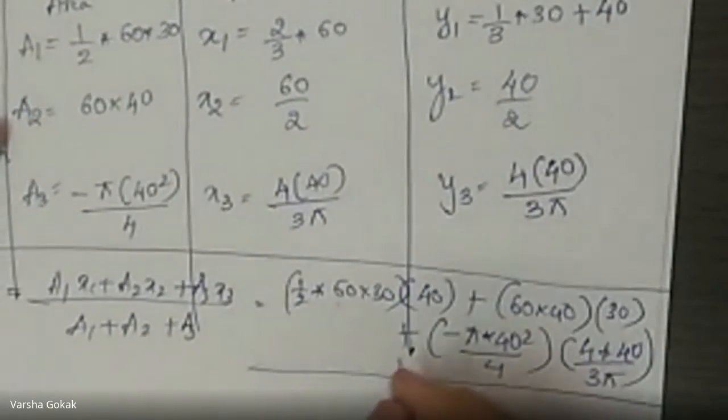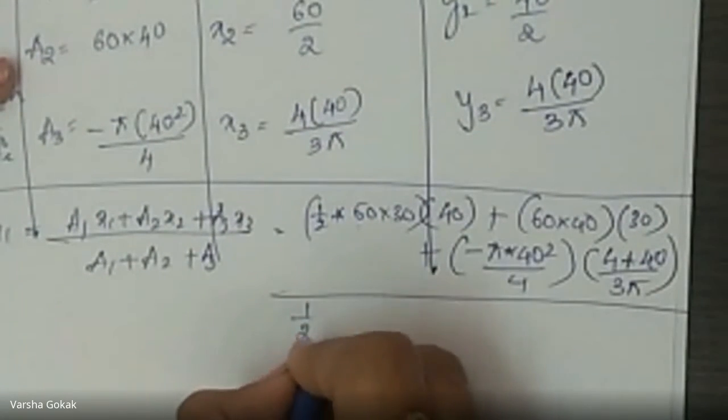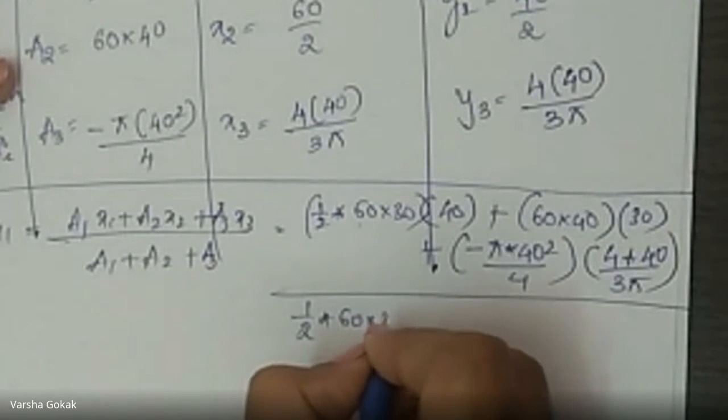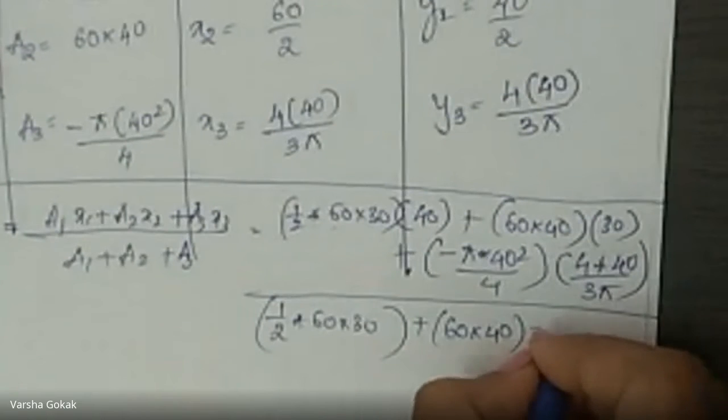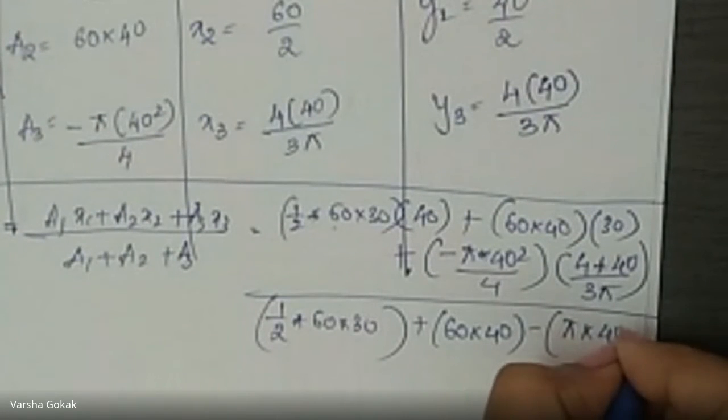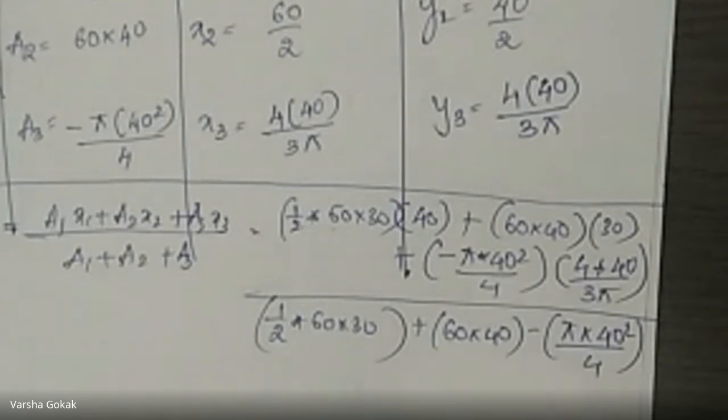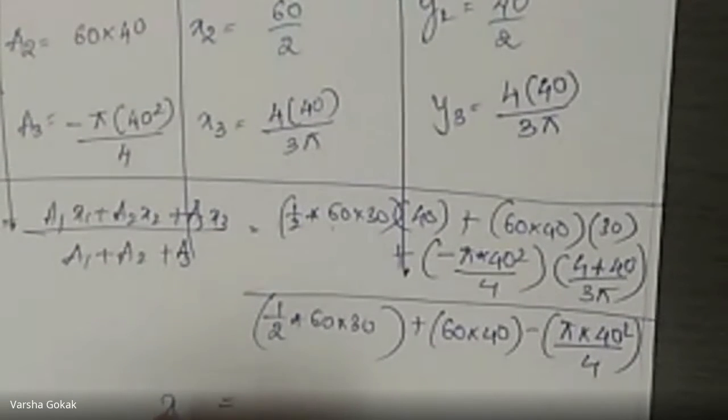The whole thing divided by a1, a2, a3: half into 60 into 30, plus 60 into 40, minus pi into 40 square by 4. Correct? Get me the value of x1, please.